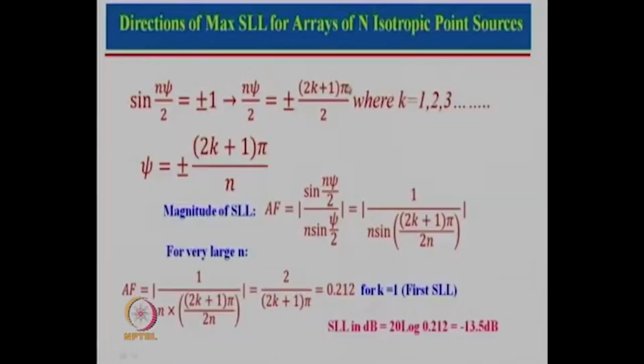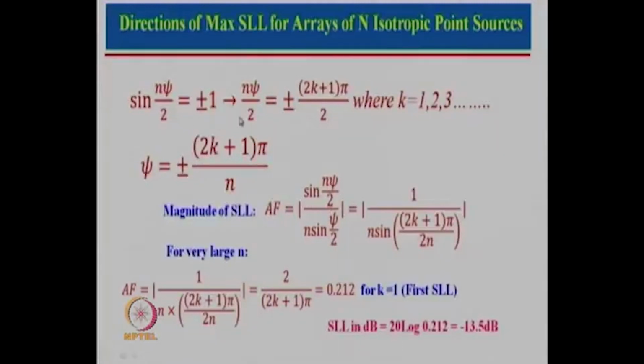So now let us see how we can calculate the direction of maximum side lobe level, and again we start with the array factor. What we really want is, this time we want the numerator to be equal to 1, and the numerator will be 1 when n psi by 2 is equal to pi by 2, then sin pi by 2 will be 1.